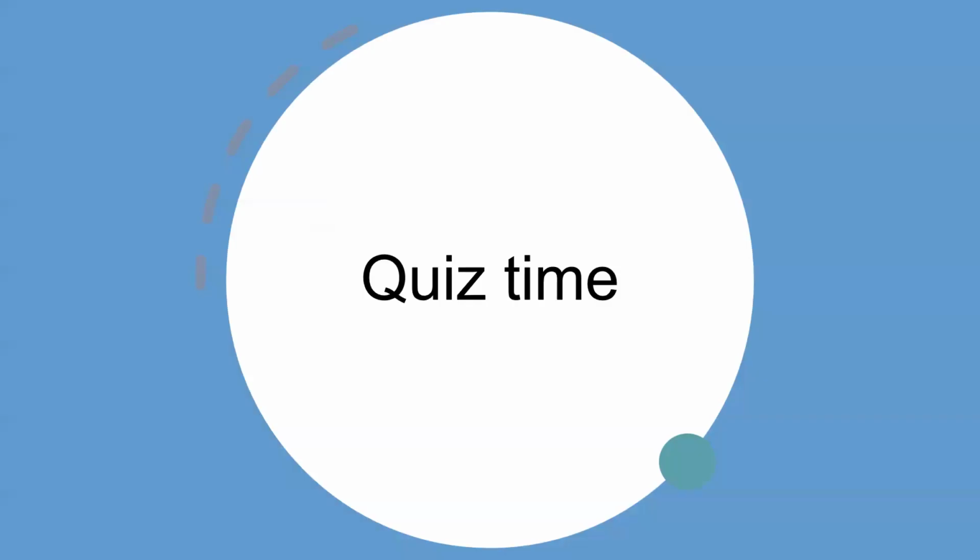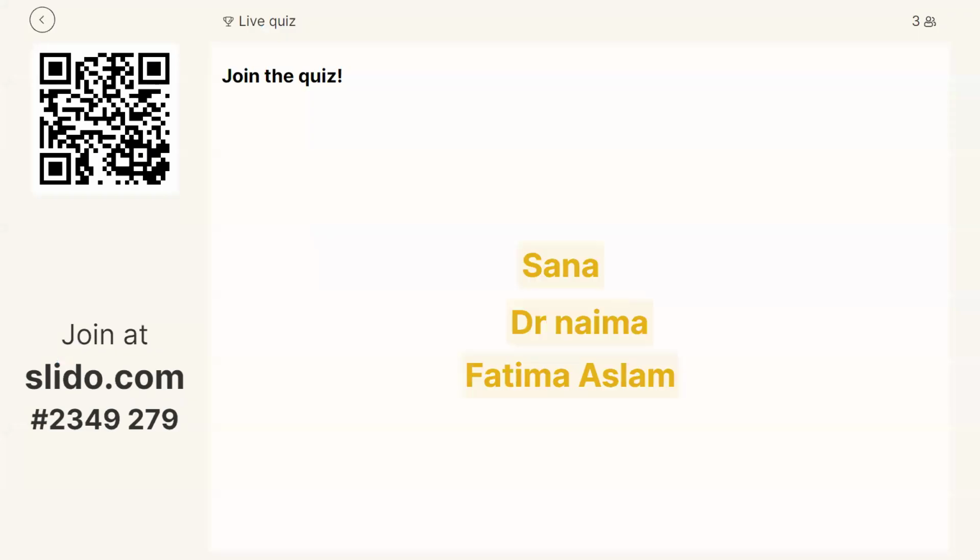So now we start doing the quiz. Ramin, I will request you to use Slido. What you have to do is open your Chrome and write slido.com there. If you have joined, please let me know.